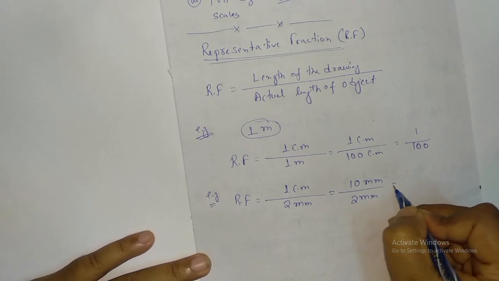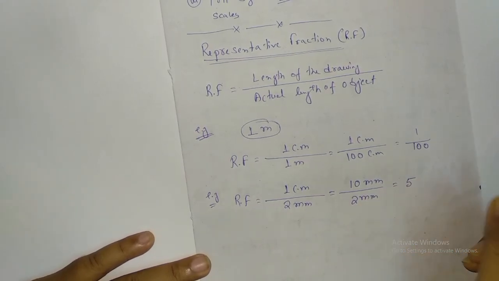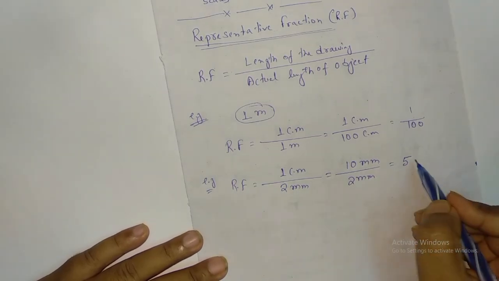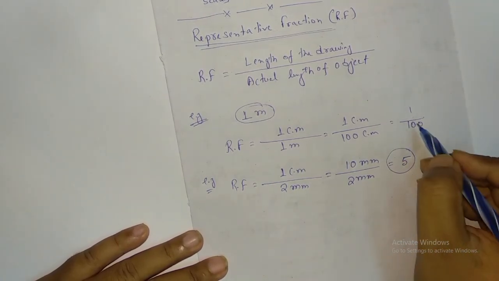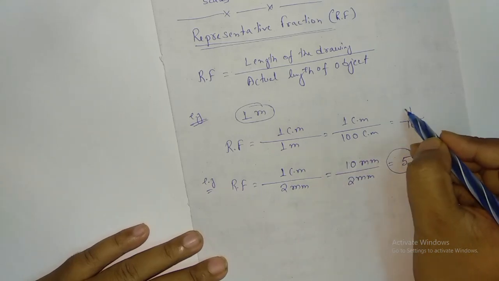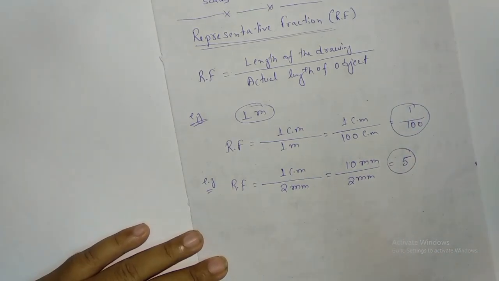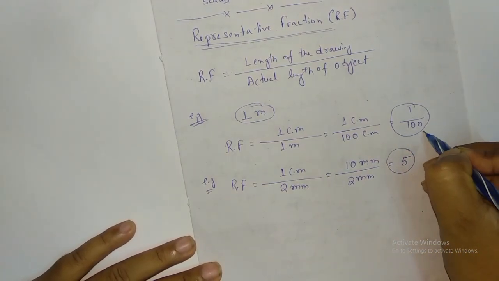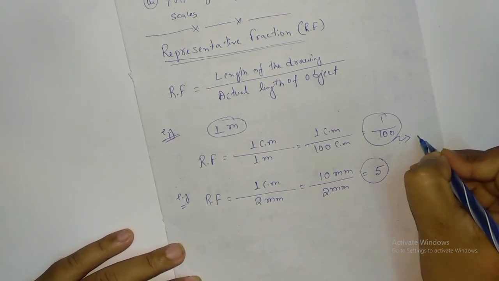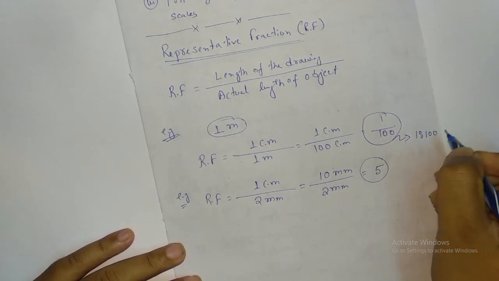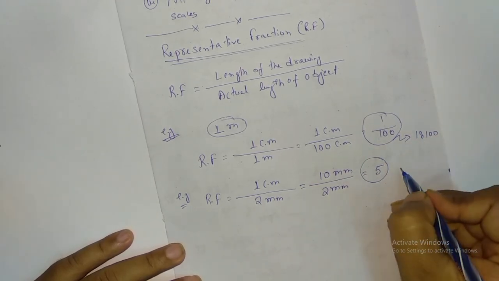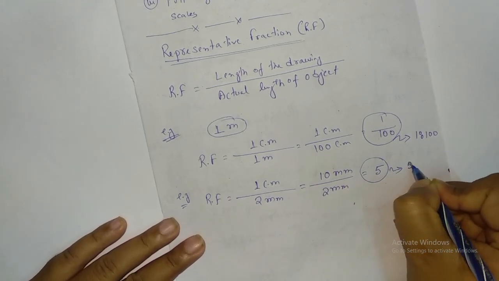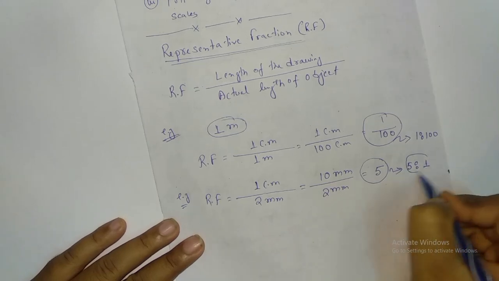So this is nothing but 5. So you can see that in case of an enlarging scale, the RF value is greater than 1, and in case of a reducing scale, the RF value is less than 1. In that case I can write the scale as 1:100 for the reducing scale, and for this enlarging scale the scale will be 5:1. So this is nothing but the scales.